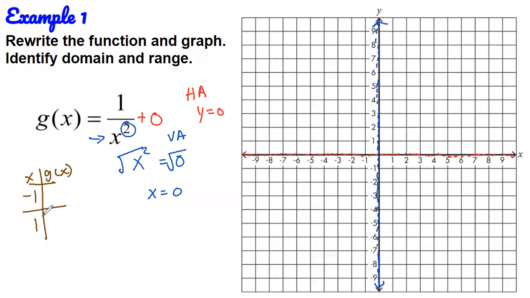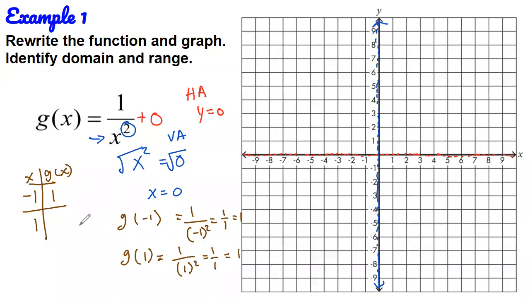All right. Now, if we do -1, we have g of -1 equals 1 over -1 squared. This gives me 1 over 1, which is 1. Let's do the same now for g of 1. 1 over 1 squared gives me 1 over 1, and this would be 1.